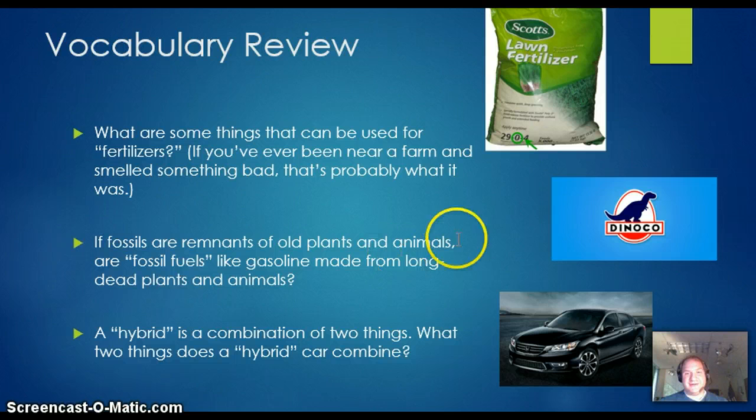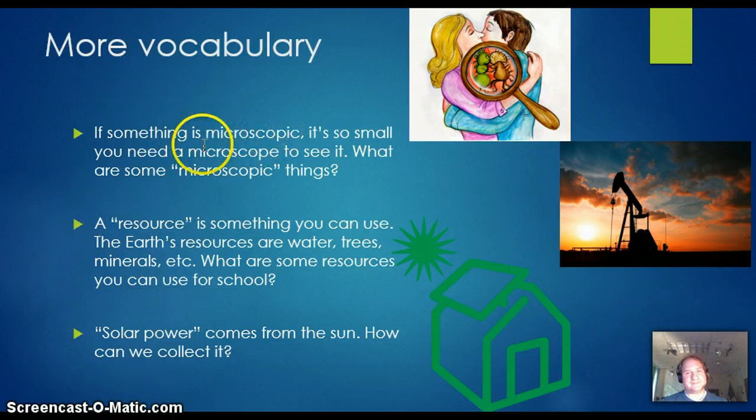Old dinosaurs, old plants, old animals do make coal, they make oil, they make fossil fuels. Not immediately. There's a lot more to the process. But the carbon in them is what gives us it. So a hybrid, if you've ever seen a hybrid car, that's how it works. That's a combination of an electric and a gas motor.